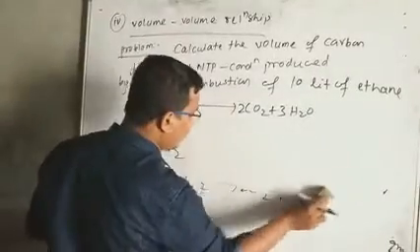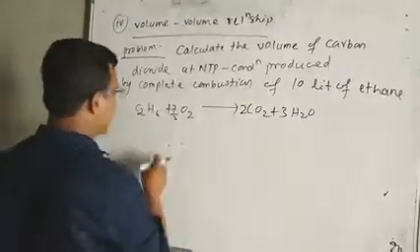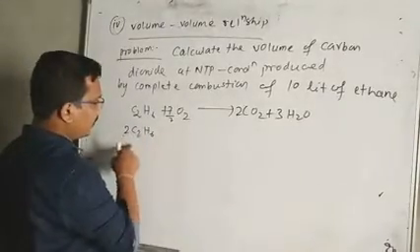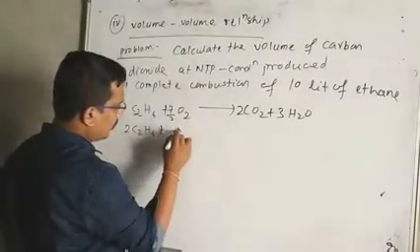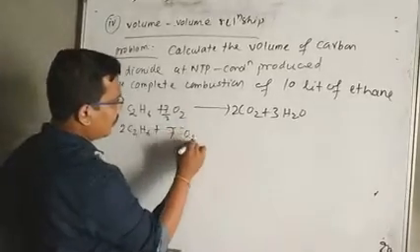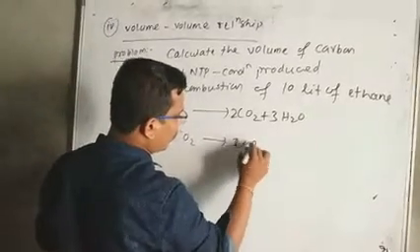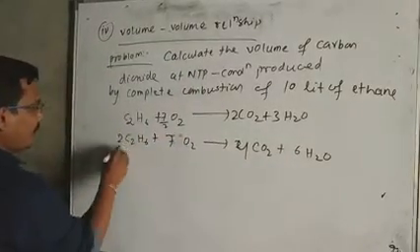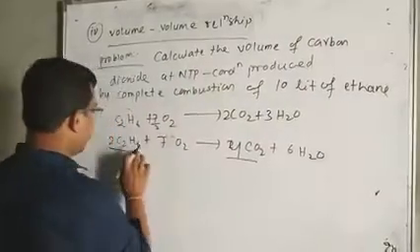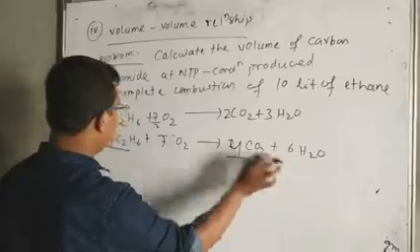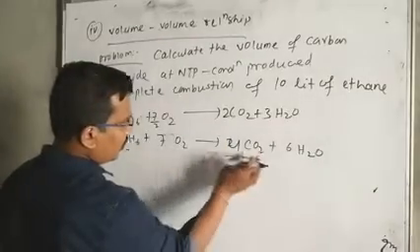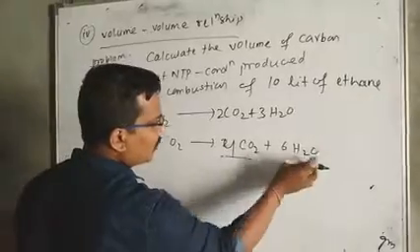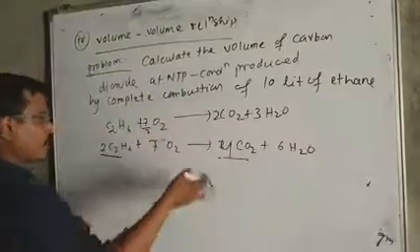But we are unable to write the equation with a fraction, so multiply by 2: 2 C2H6 plus 7 O2 gives 4 CO2 plus 6 H2O. Now check again: there are 4 carbon, 12 hydrogen, 14 oxygen. Carbon dioxide has 8 oxygen, water has 6 oxygen, total 14.